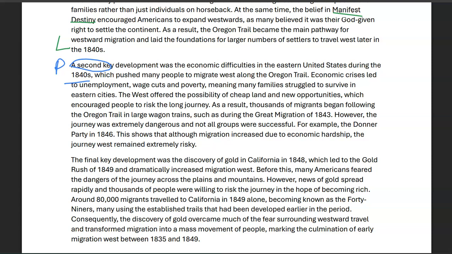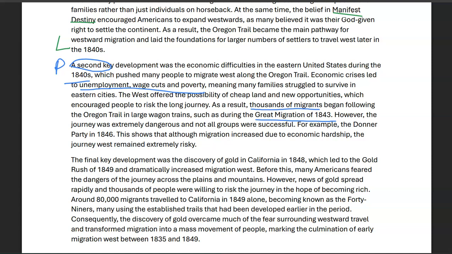Economic crises led to unemployment, wage cuts, and poverty. So again, we've got really specific things here that I'm explaining, meaning many families struggle to survive in the East. The West offers the possibility of cheap land and new opportunities, which encourage people to risk the long journey. And as a result, thousands of migrants began following the Oregon Trail in large wagon trains, such as during the Great Migration of 1843.